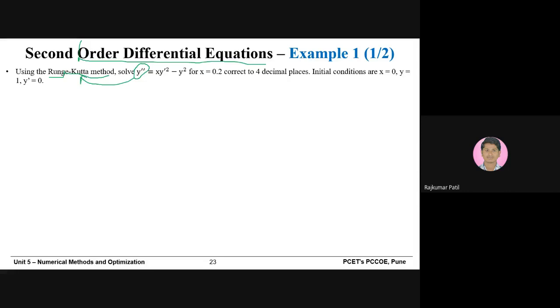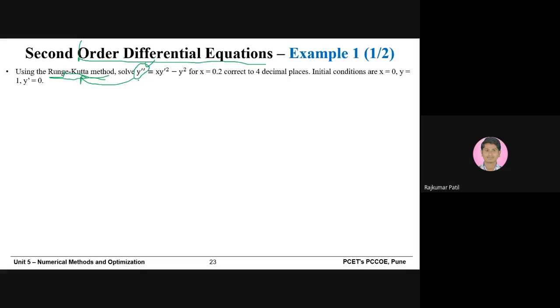This is very important, you need to understand, because generally you may get confused that you can solve this problem by using Runge-Kutta fourth order method as well. Yes, you can solve by using fourth order method, but in that case the number of steps will be more. So whenever it is mentioned Runge-Kutta method, and if a second order ordinary differential equation is there, then go for Runge-Kutta second order method as it is mentioned in the syllabus.